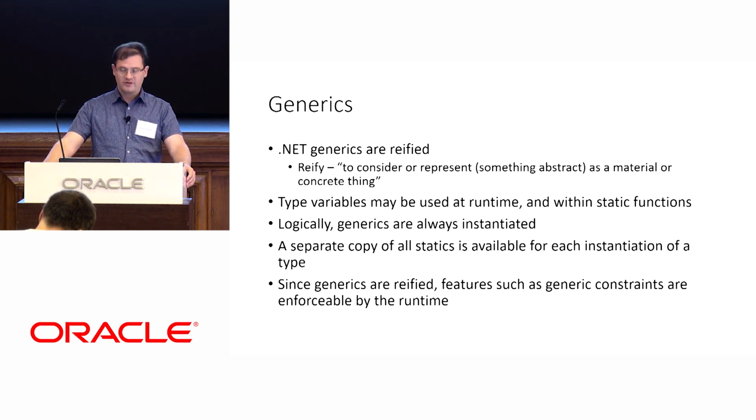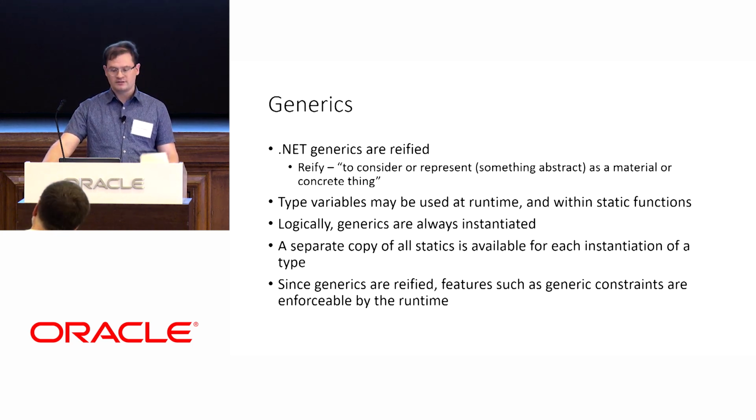Thus, .NET requires that there's a separate copy of statics for each instantiation of a generic. Because we have separate copies of statics and functions for each instantiation, we also have separate reflection type objects for each instantiation of a type to allow reflection to access the static variables on types that differ only by instantiation. This leads to the requirement that generics are always instantiated when they're used.